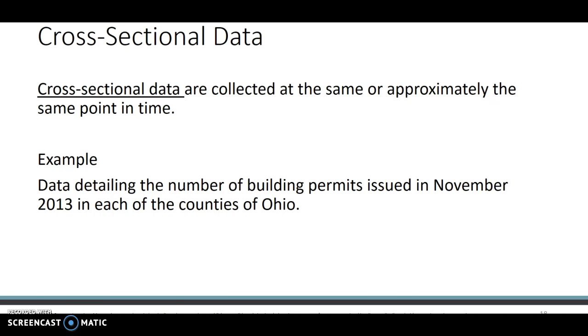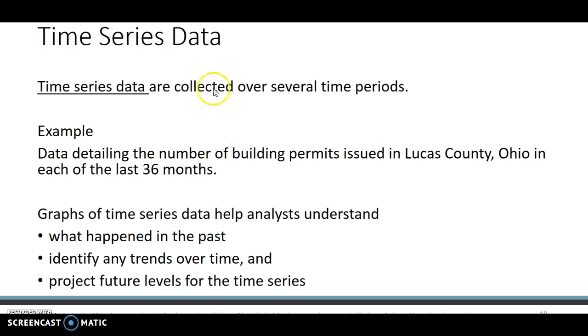If we were to go out and measure the speeds of all the cars on Rainbow Drive today, that would be cross-sectional data. Time series data are collected over several time periods. Okay, for example, data detailing the number of building permits issued in Lucas County, Ohio, in each of the last 36 months. So we're going back in time and collecting this data over time.